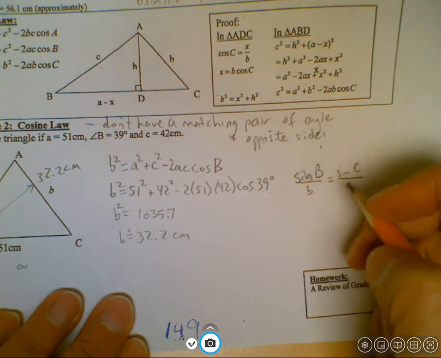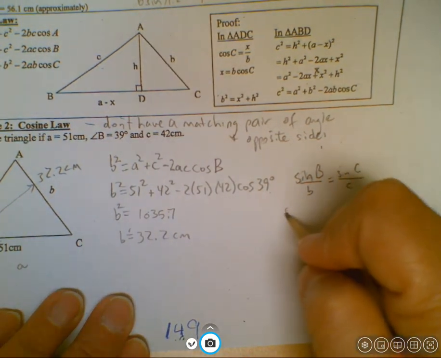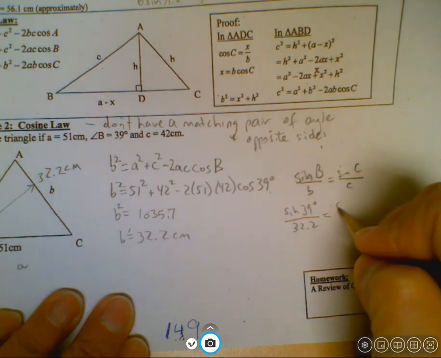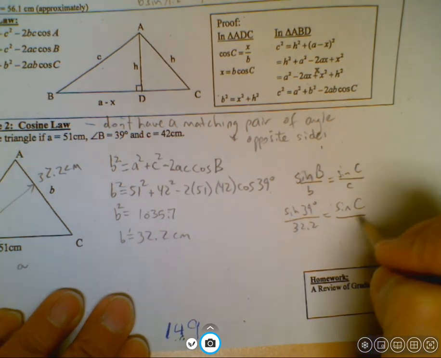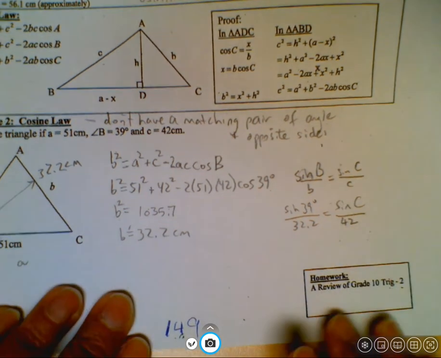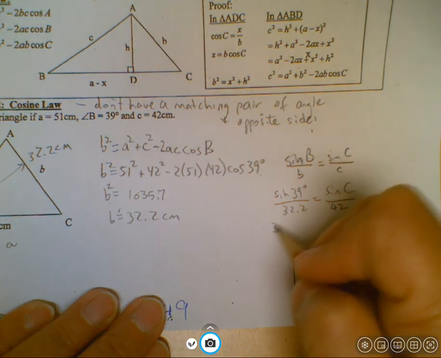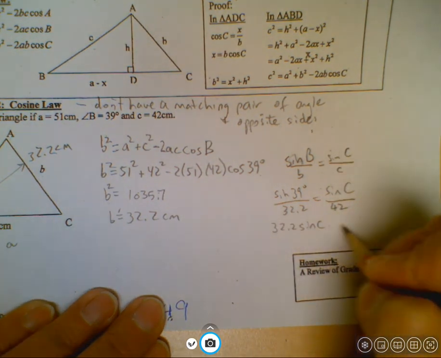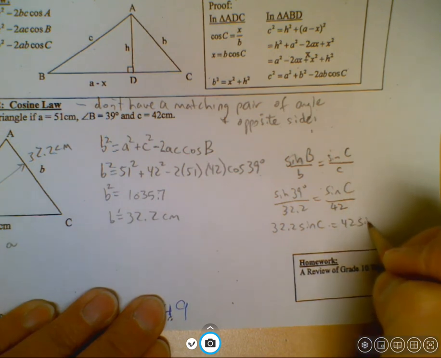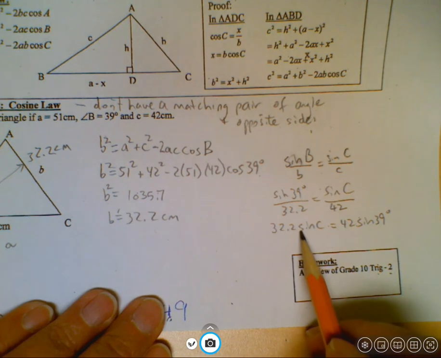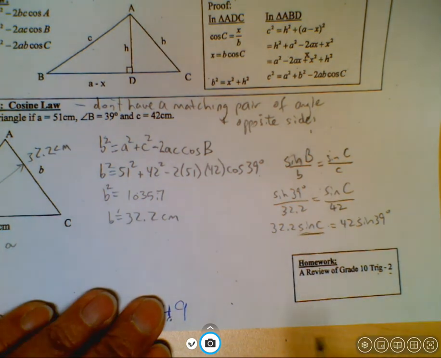Okay, and so sine big B is sine 39 degrees over 32.2 equals sine C over 42. All right, now we want to isolate the C. Cross multiply. So I'm going to get 32.2 sine C equals 42 sine 39. And the sine C is one piece, it's one object.